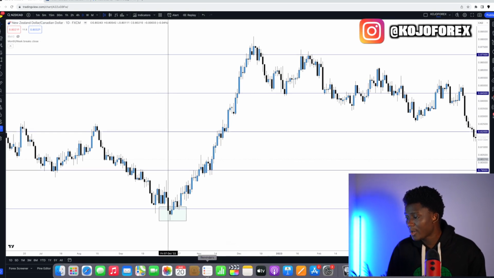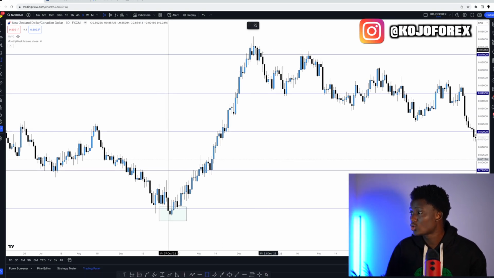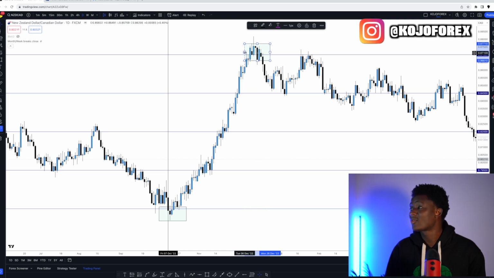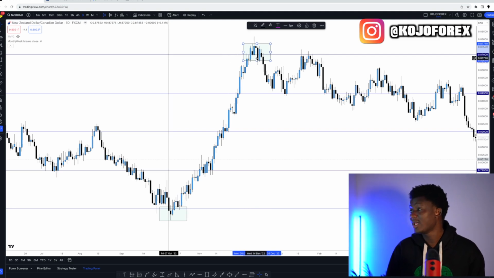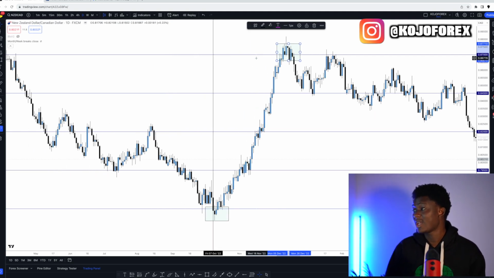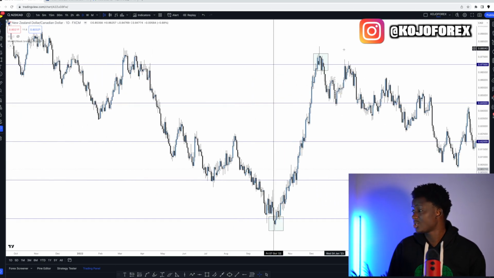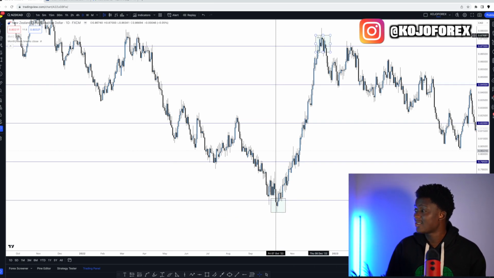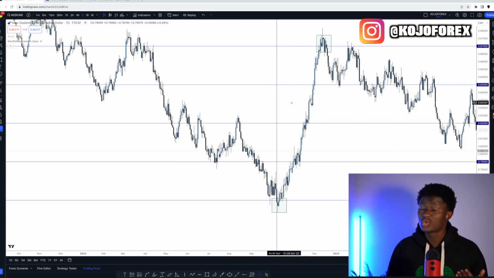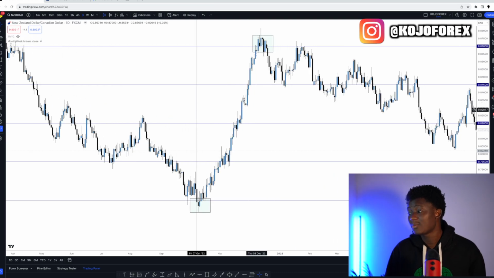Time may not permit us; otherwise, we would have also looked at the real logic behind why this market turned from here. But you can easily apply what I'm showing you to what is going on here, and then you'll be able to understand why this New Zealand pair has been on a serious downtrend. But what I'm trying to break down to you now is why it went on this massive bullish trend, and then using fundamentals to back the logic behind it, right?